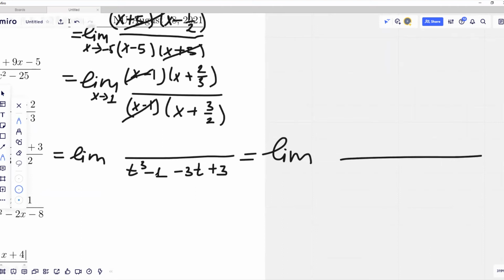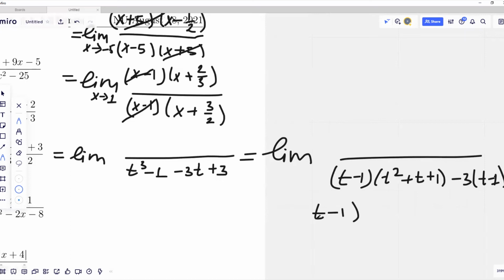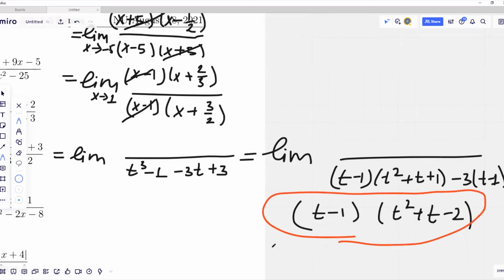We can expand this as t minus 1 times t squared plus t plus 1. Factoring out minus 3, we'll have t minus 1. So factoring out t minus 1, we'll get t squared plus t plus 3 in the denominator. So this is our denominator.